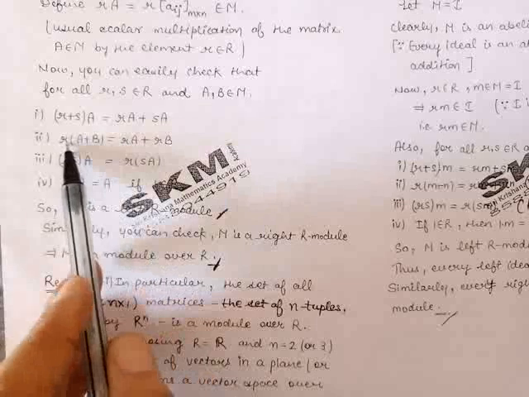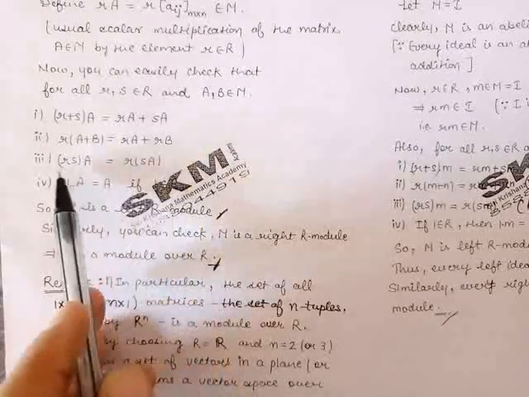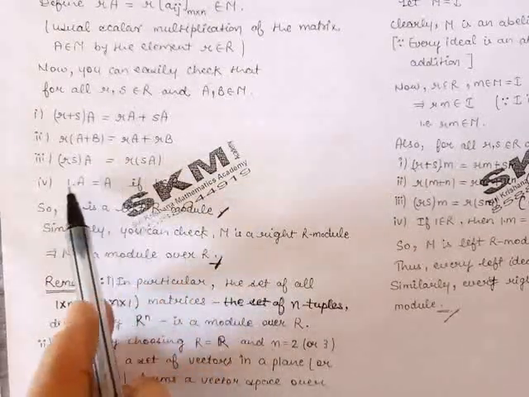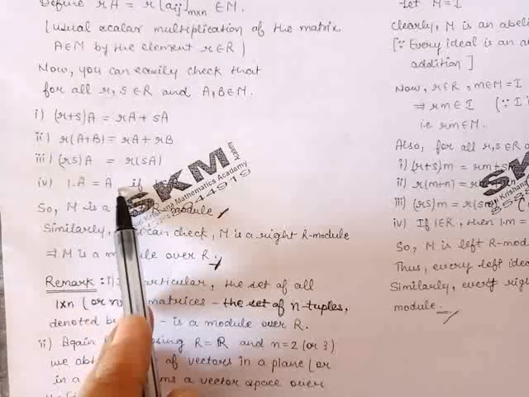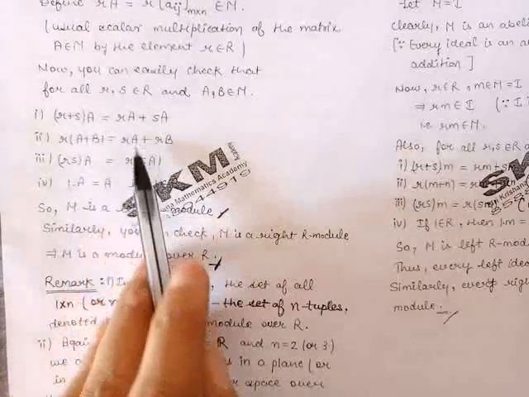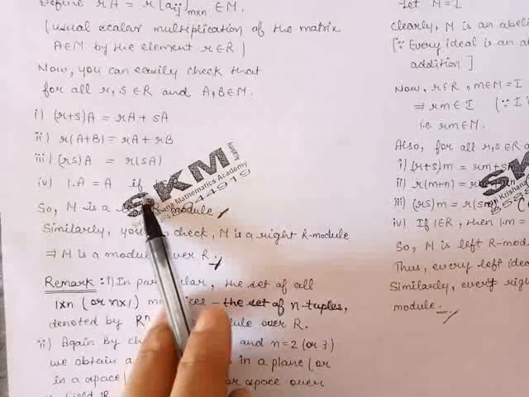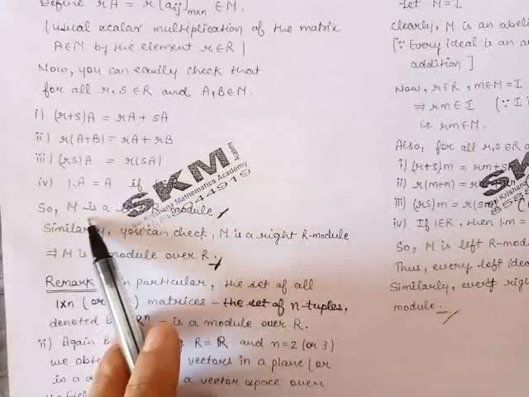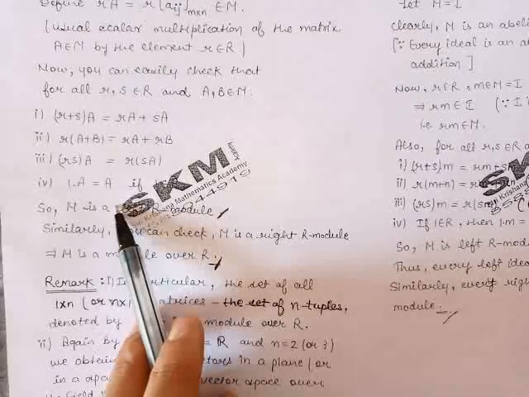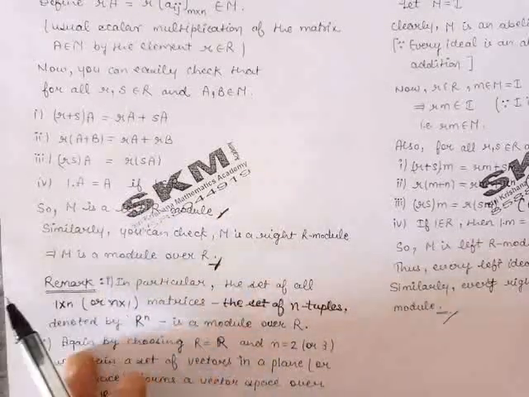Second condition, r into (A plus B) is equal to rA plus rB, and (rs) into A is equal to r into (sA), and identity element into A is equal to A if identity element belongs to R. So these conditions can be easily verified, and so we can say that M is a left R module, and in the same way we can prove it a right R module also. So we can say that M is a module over the ring R.